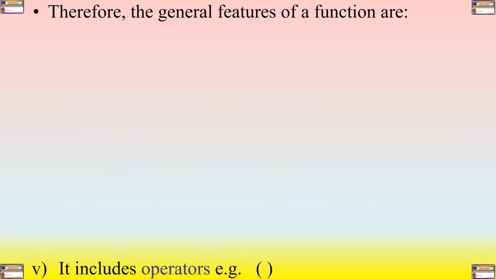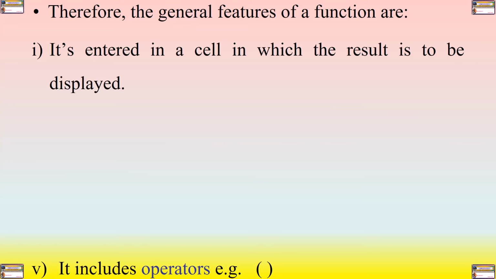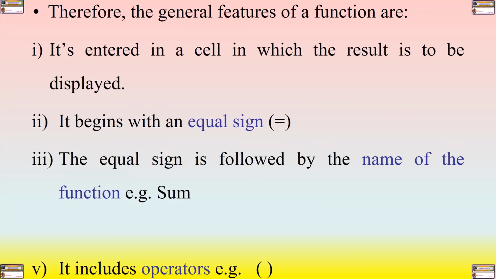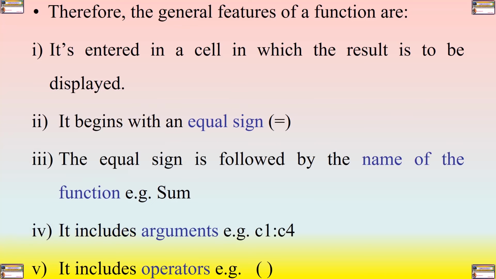So therefore, the general features of a function are: it is entered in the cell in which the result is to be displayed. It begins with an equal sign. The equal sign is followed by the name of the function, for example, sum. Then it includes arguments, for example, from cell C1 to cell C4.